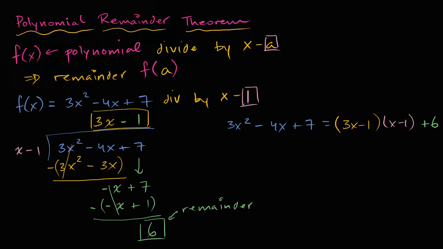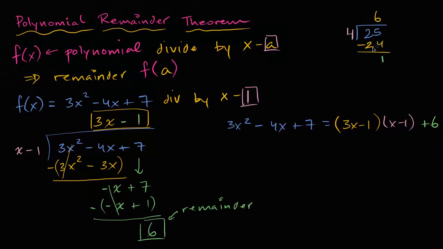And the analogy here is exactly the analogy to when you did traditional division. Let me just show you the analogy. If I were to say 25 divided by 4, you would say, okay, well, 4 goes into 25 6 times. 6 times 4 is 24. You would subtract, and then you would get a remainder of 1.